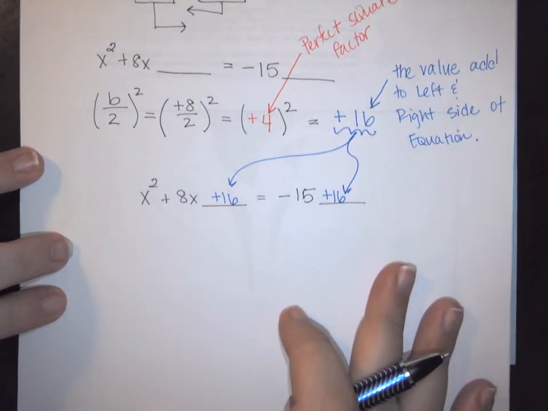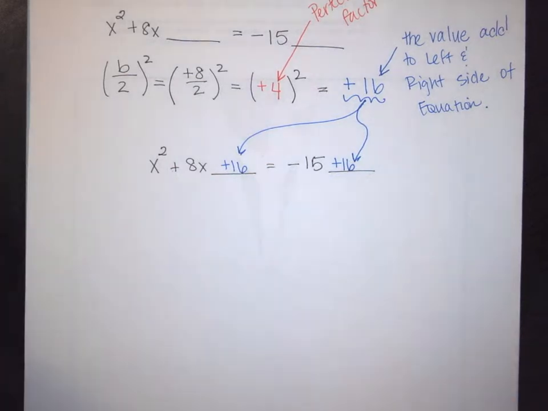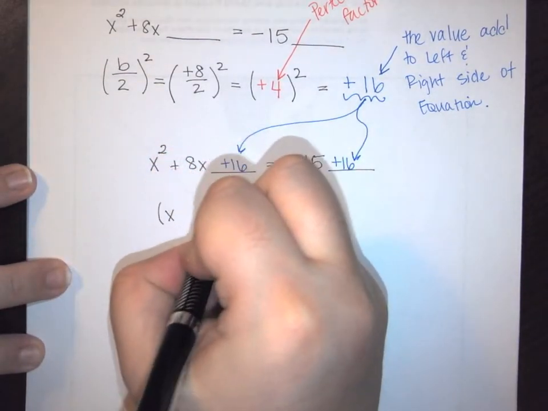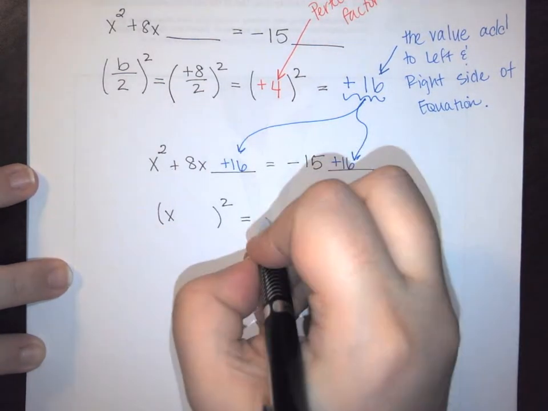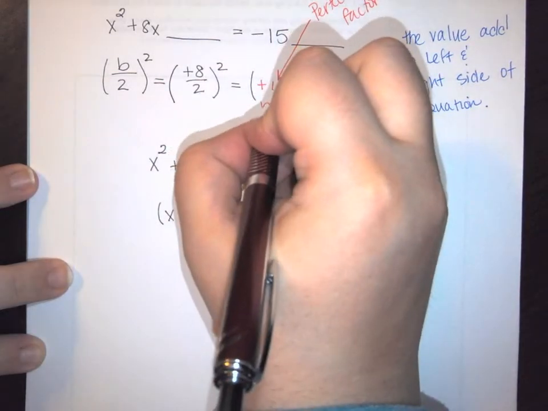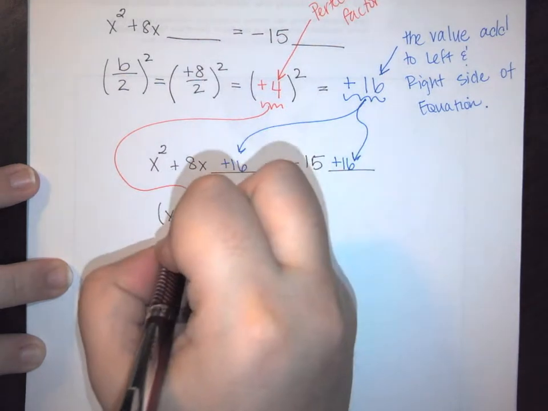Okay. Now that being said, this is now a perfect square. So this gets rewritten as x something squared. And then negative 15 plus 16 is 1.